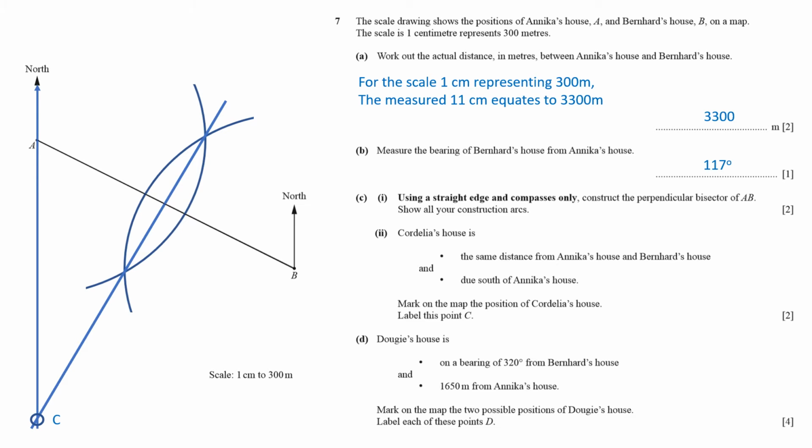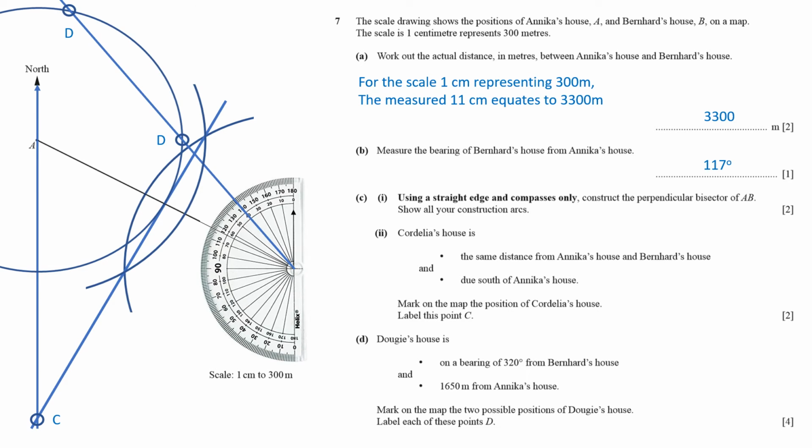Next, Doggy's house is on a bearing of 320 degrees from Bernhard's house and 1,650 meters from Anika's house. Mark on the map the two possible positions of Doggy's house. Label each of these points D. The first point would mean plotting a straight line from the point B at the bearing of 320 degrees.